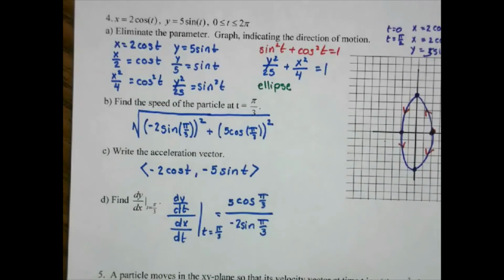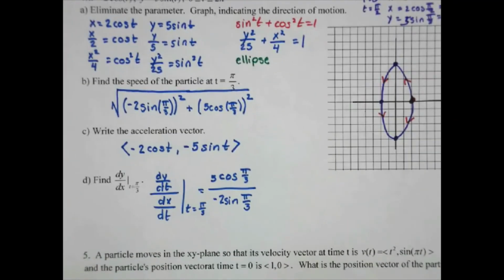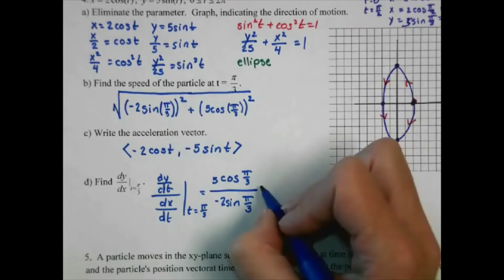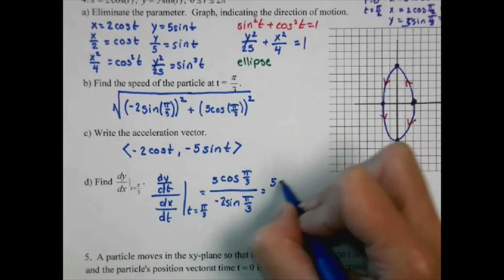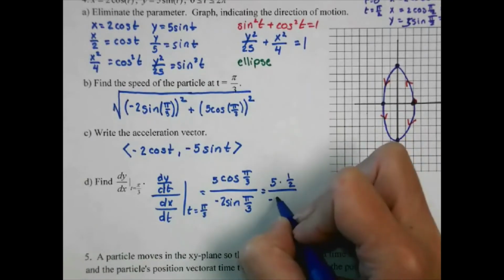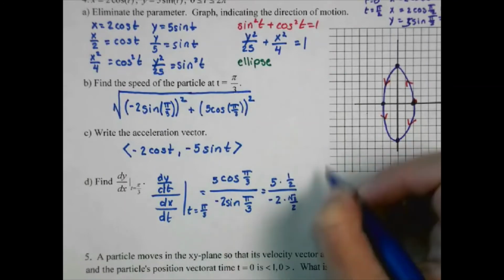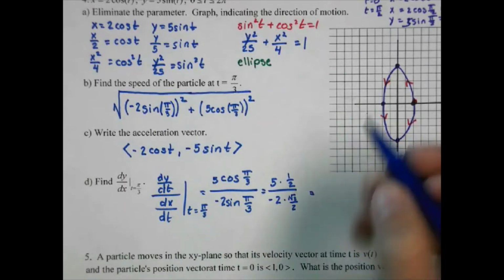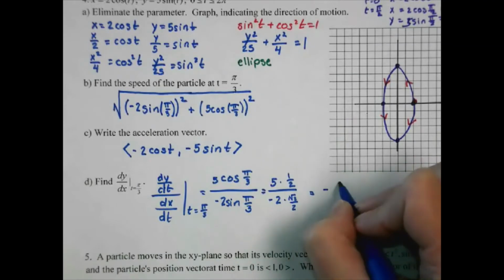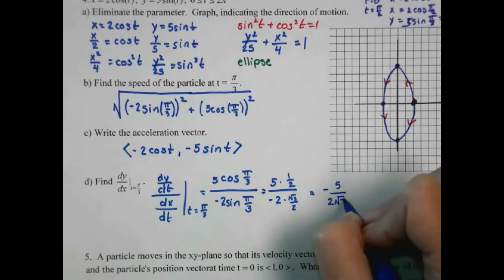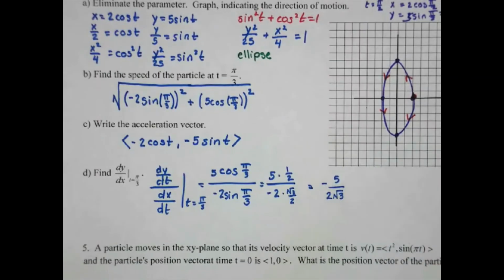And we can leave it like that, or you can simplify it. If we simplify, we're going to have 5 times 1/2 over negative 2 times root 3 over 2, which gets us negative 5 over 2 root 3 when you do the simplifying there.